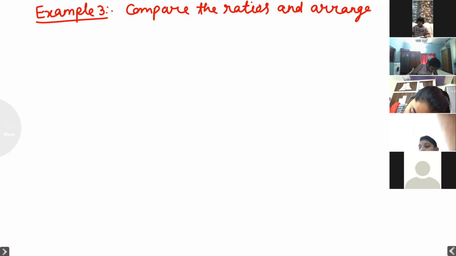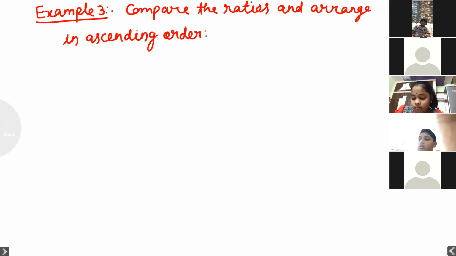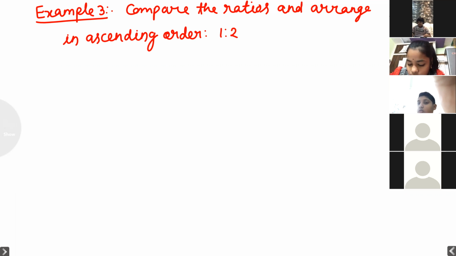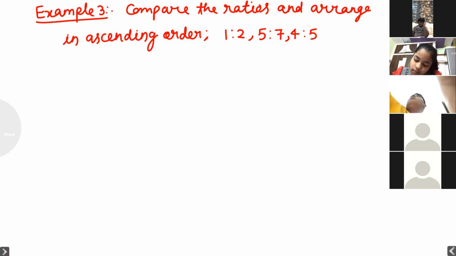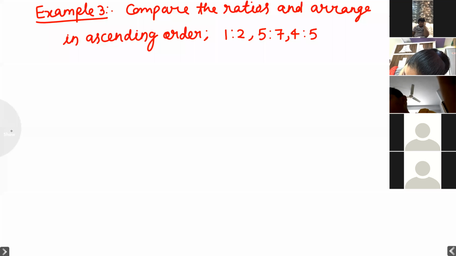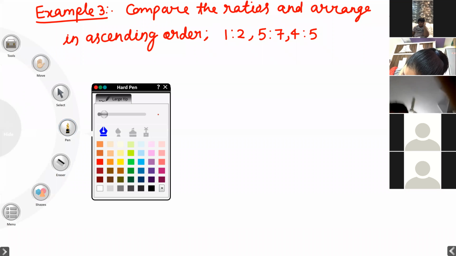The ratios are 1 is to 2, 5 is to 7, 4 is to 5. Already we have learned a question like that in the previous unit.